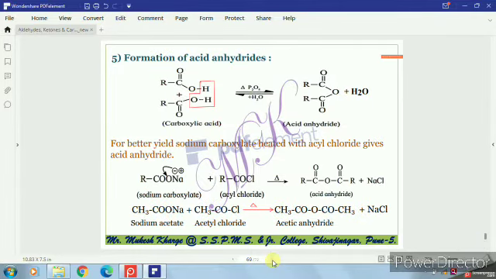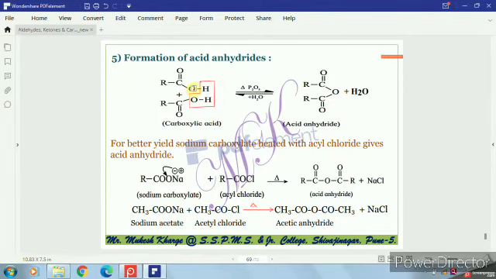Then formation of anhydride, acid anhydride. When two molecules of your carboxylic acid are heated in presence of P2O5, phosphorus pentoxide, then they lose water like this.